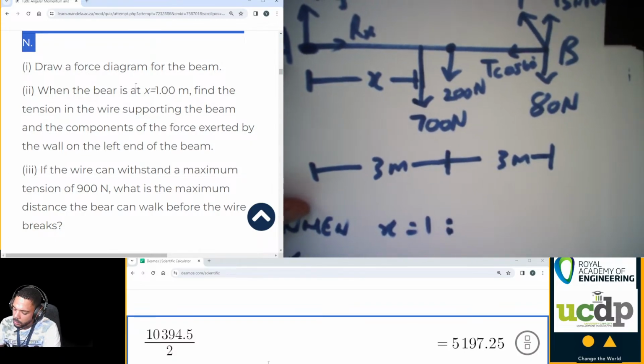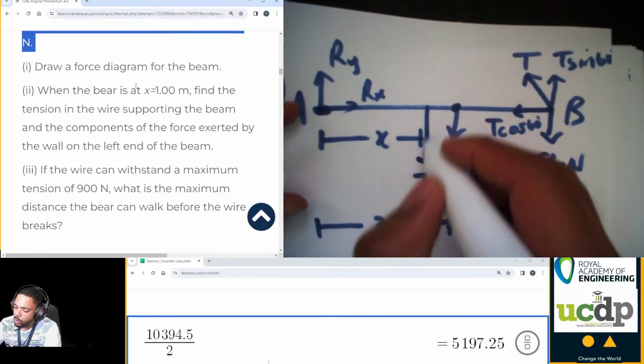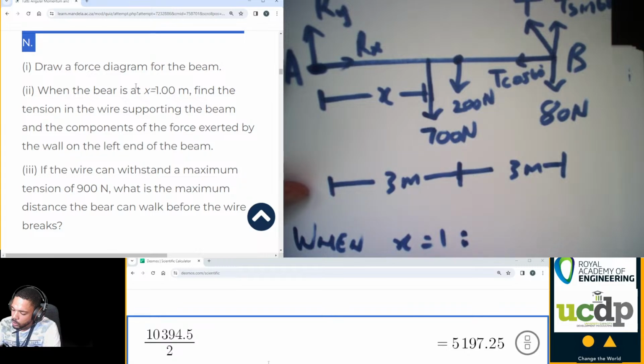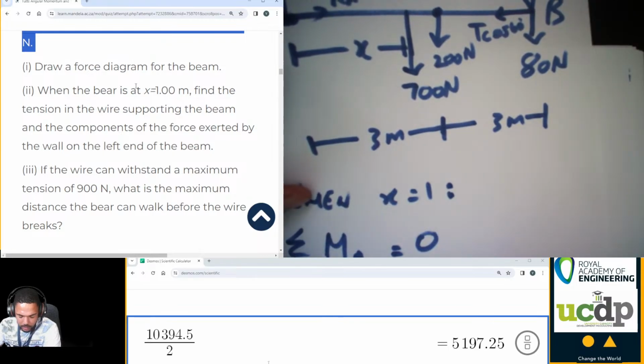Now, the first force acting on this beam perpendicular is the weight of the bear, and it's going downwards, so it's negative 700 multiplied by the distance it acts at, 1, plus or minus, depends on which you choose.